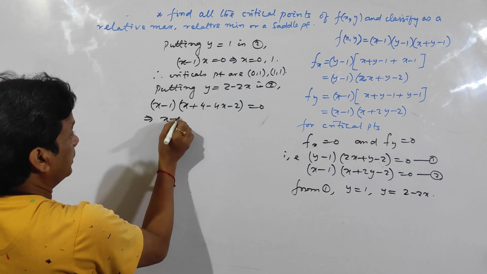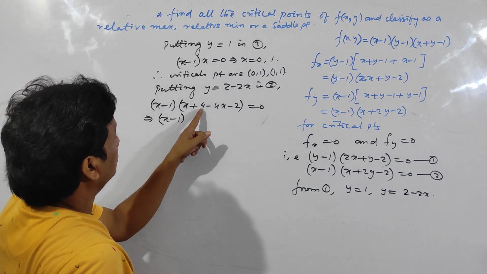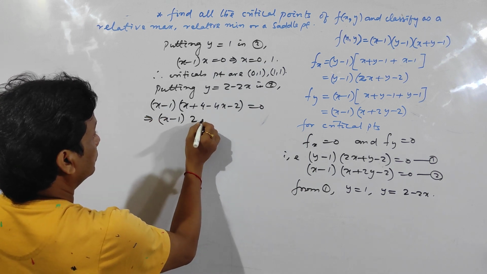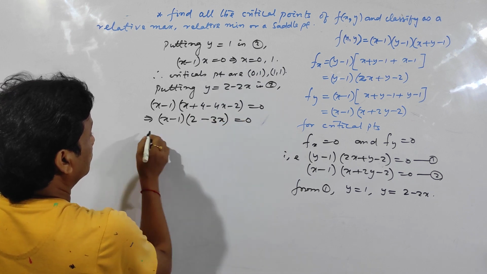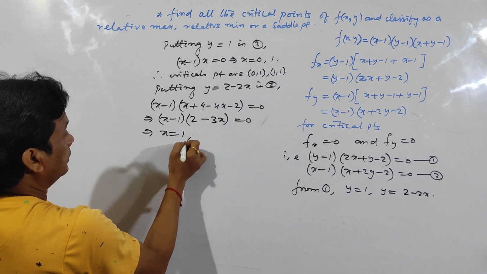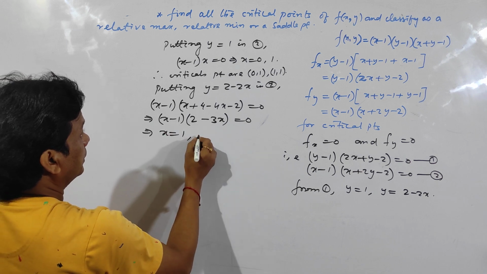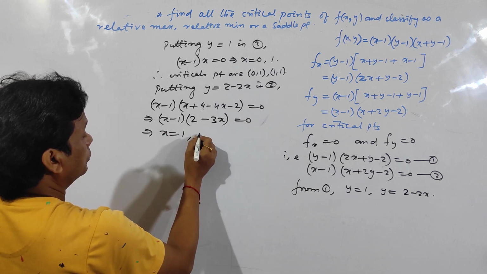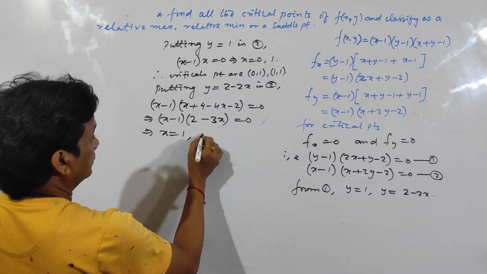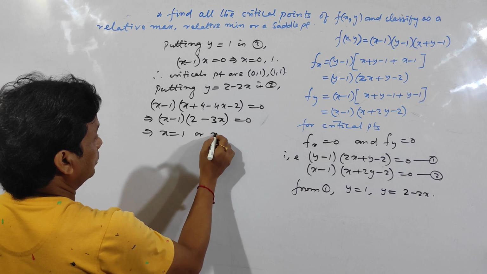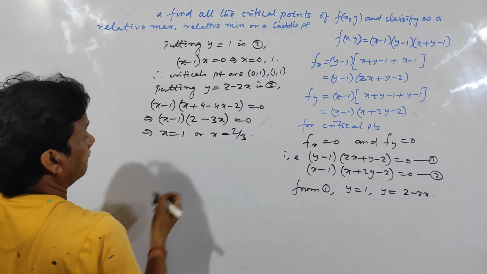So it implies x minus 1 into 4 minus 2, it is 2 minus 3x equal to 0. That means x is equal to 1 or x is equal to 2 by 3.